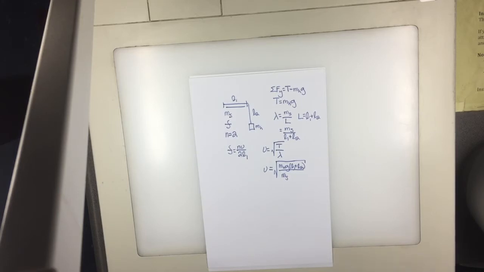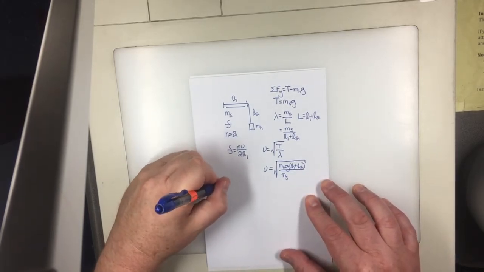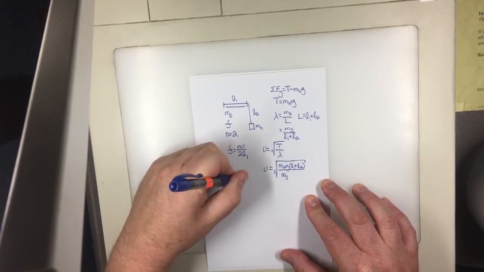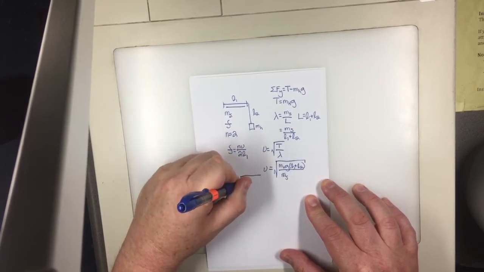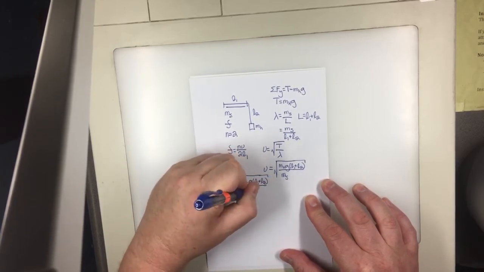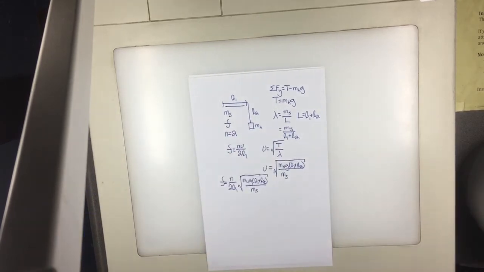So I plug that velocity into the frequency. Frequency is N over 2L1 square root of MHG times L1 plus L2 over MS. So you got the frequency. Now we're looking for the one unknown, L2.